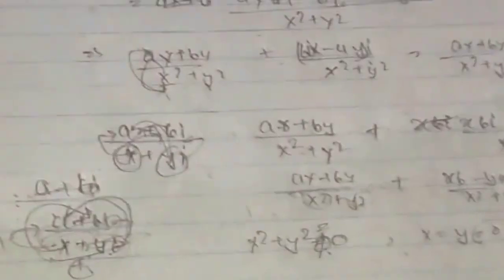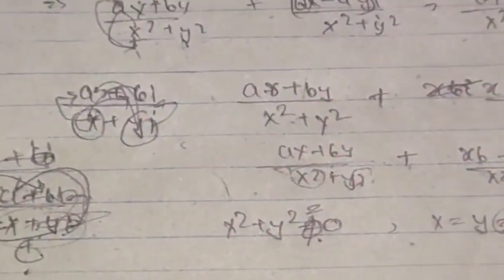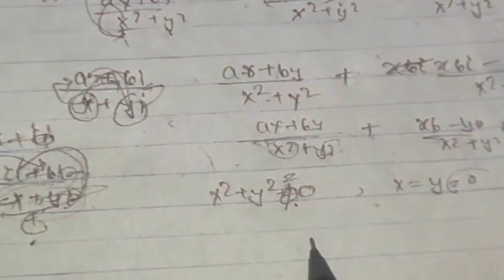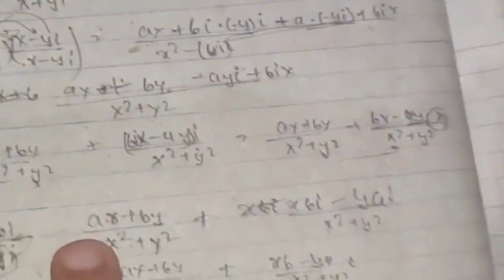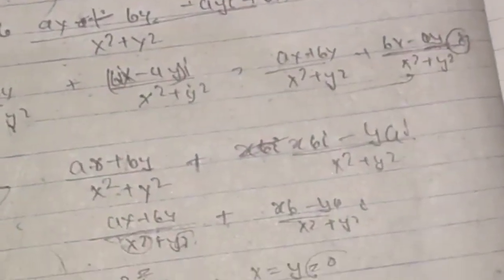So how do we define it? In the next video we talk about why division by 0 is not allowed. Okay, so in the next video we talk about division by 0.